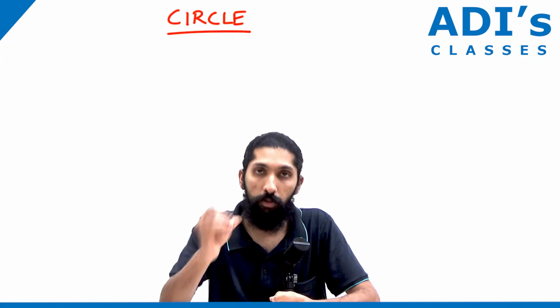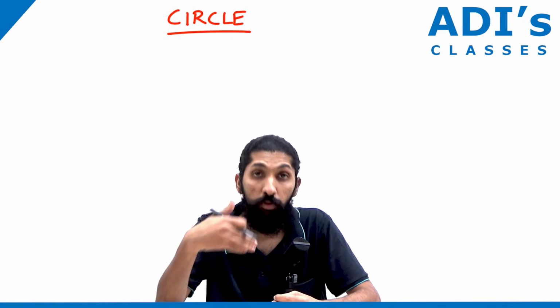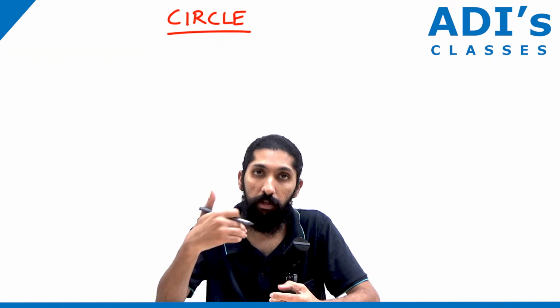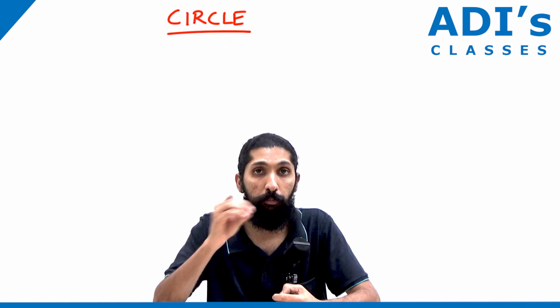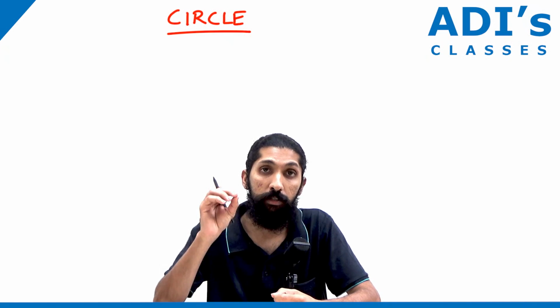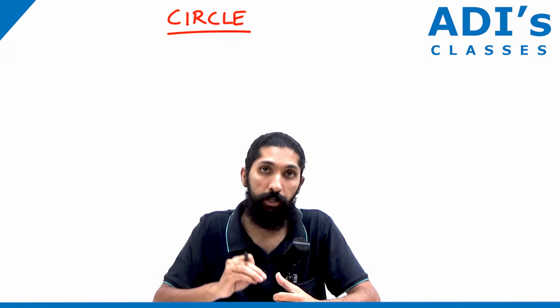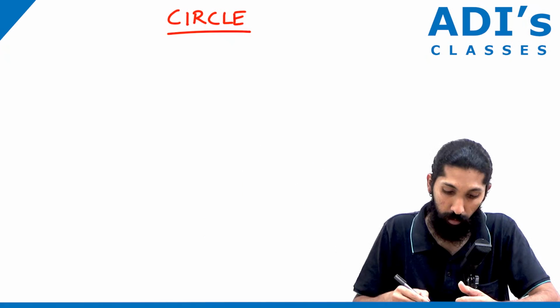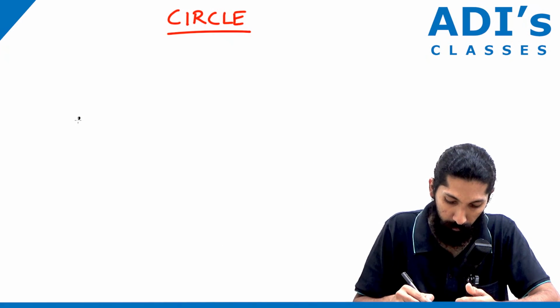Locus is just a path, a movement. Locus meaning path. Locus of a point means the path of a point which is moving in such a way that it is always at a constant distance from a fixed point. So let's assume that you have a fixed point here.